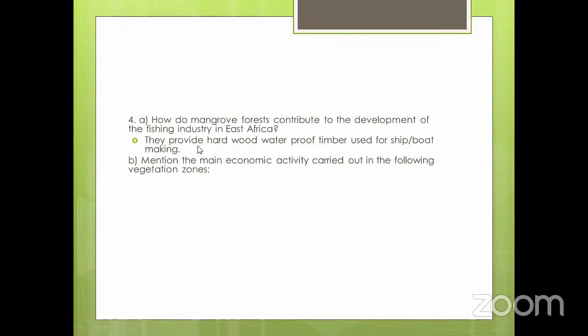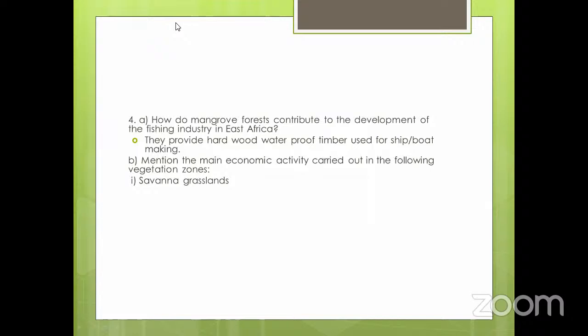The first one is savanna grasslands. Which one is the main economic activity carried out in savanna grasslands? Any person to give us the response?